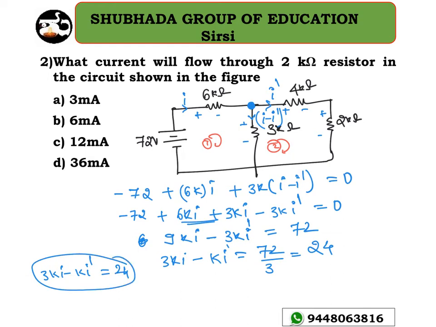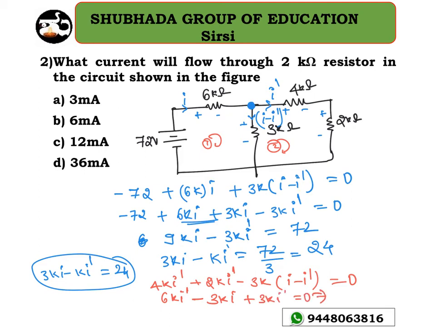Okay, let me apply Kirchhoff's voltage rule for the second loop now. 4kI dash plus 2kI dash minus 3k into (I minus I dash) equal to 0. So 6kI dash minus 3kI plus 3kI dash equal to 0.